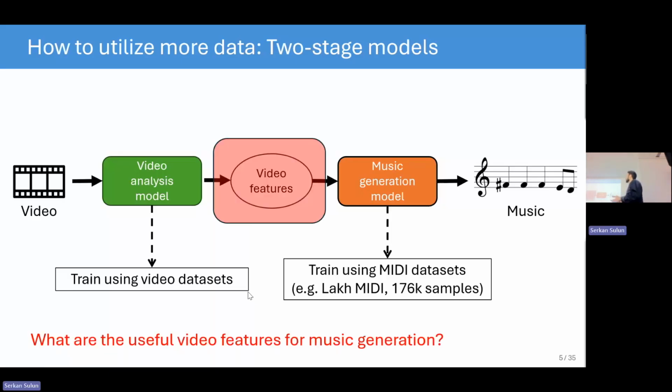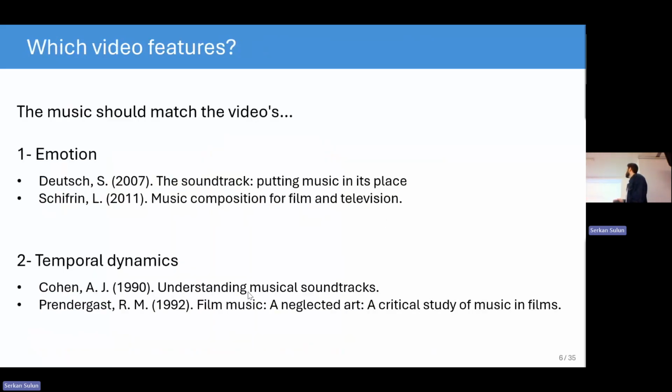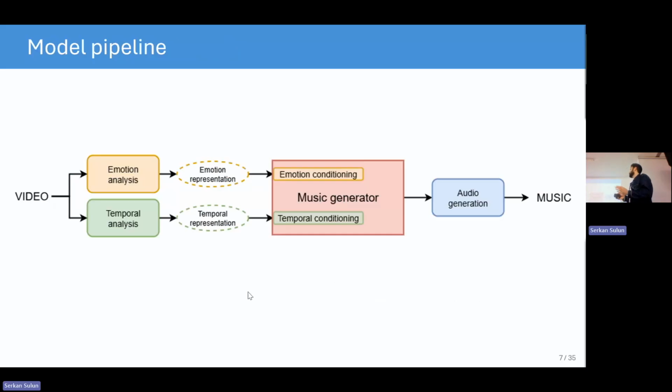But now let's take a look at what these video features should be for music generation. So these are the intermediary features that we will use. The research on both musicology and machine learning points out that the music should match the video's emotions and the temporal dynamics. These are the two properties I've shown you in the first slide. So then we can branch out our model into two stages and two pipes: emotion and temporal analysis.